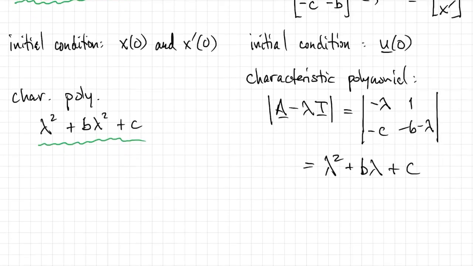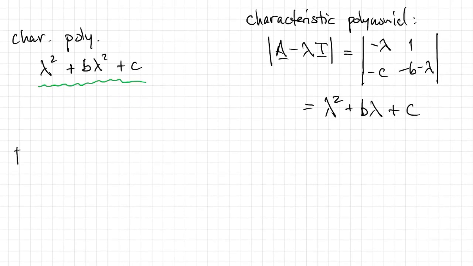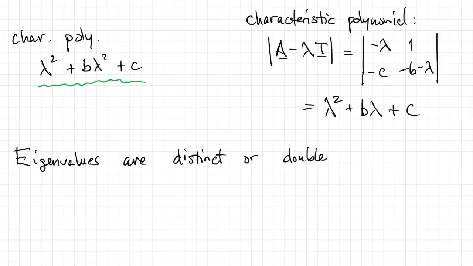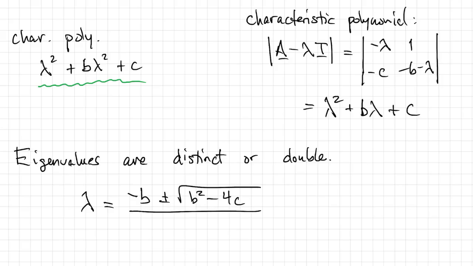Now we know we have to draw a distinction between whether the eigenvalues are two different values, two distinct values, or whether they are a double eigenvalue. If we look at the quadratic formula, then we can see that we get a double root when b squared equals 4c.